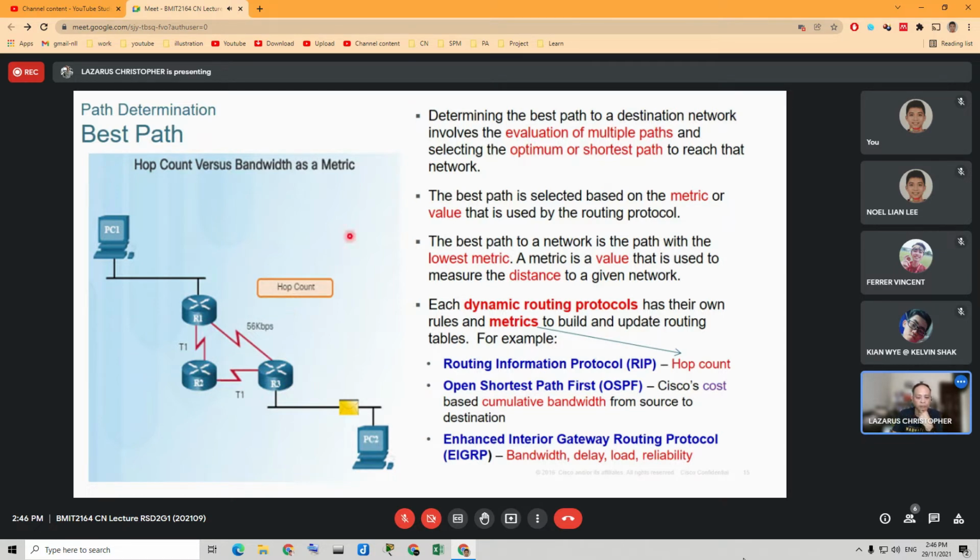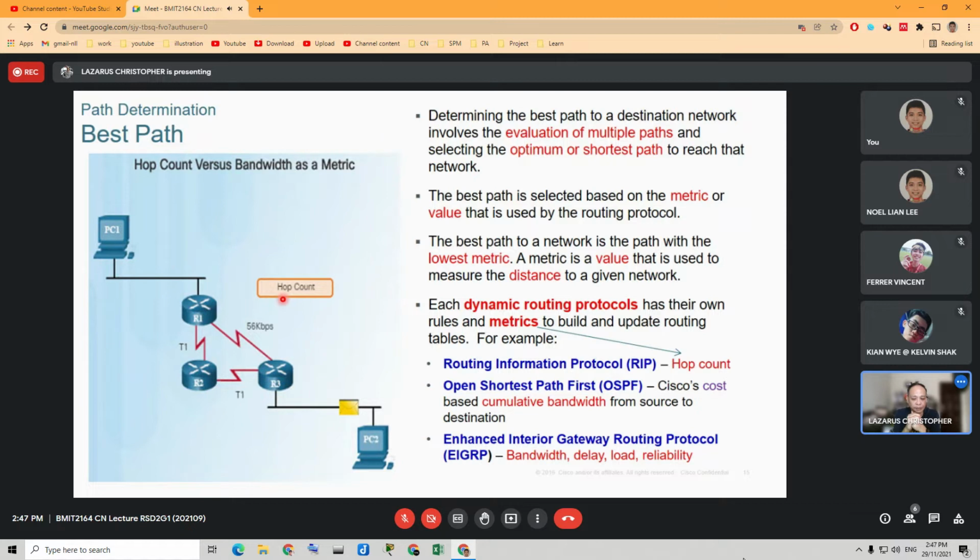The best path is selected based on the metric or value that is used by the routing protocol. So if the metric is hop count, this wins. So the router, when evaluating whether to send through this interface or this interface, will decide on this one based on hop count, isn't it?